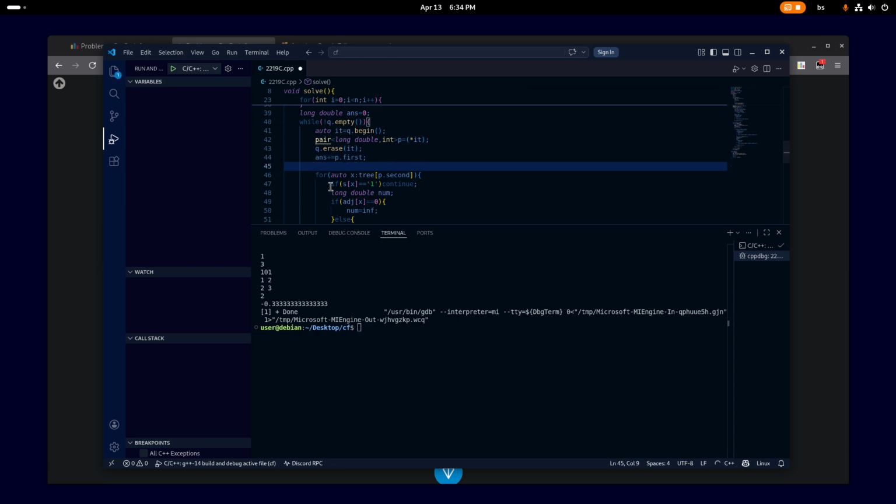It should be like 3 of p dot second divided by g since c at p dot second dot size.